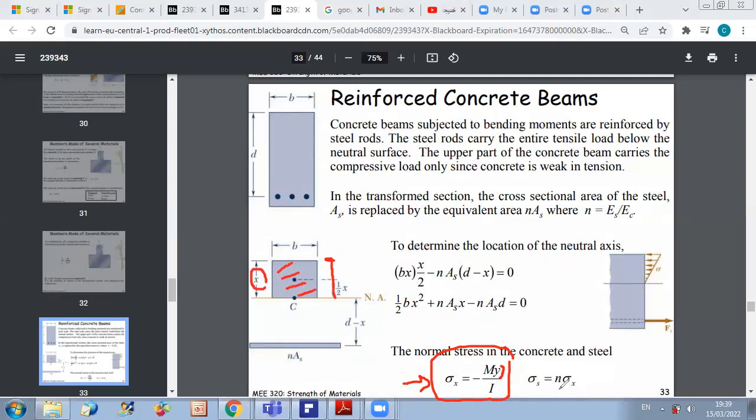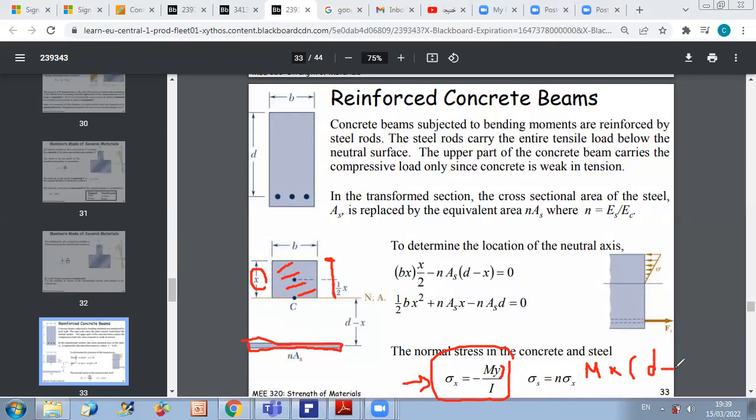And concerning steel, since it's a modified section, do not forget to multiply by n, which is E steel over E concrete. So you do n times M times the distance, which will be d minus x, because you consider that this area is located at one level since you have a very small thickness.